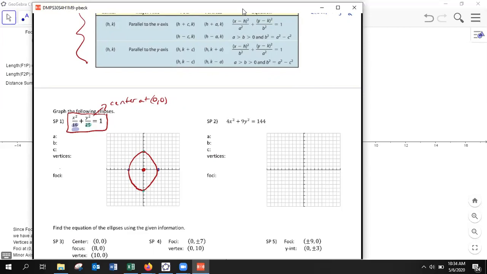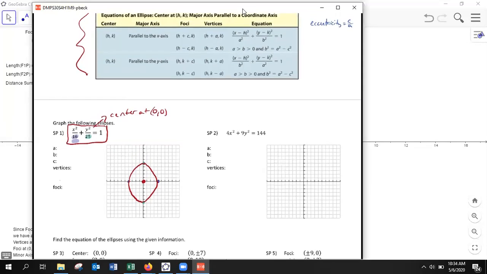If you're looking at this on an algebraic level, or building this graph, they matter a lot. So let's take a look at the table that I have up top. If your major axis is parallel to the x-axis, or in this case is the x-axis, A goes with the x. If you're parallel to the y-axis, A goes with the y.